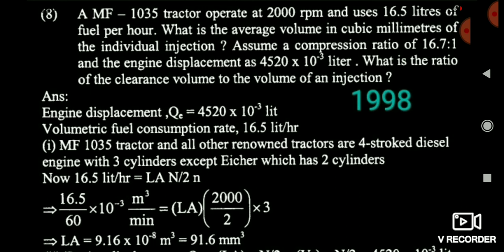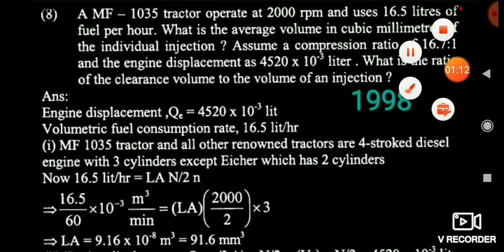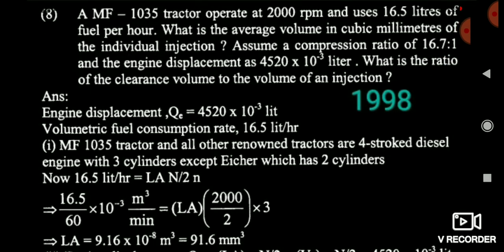Meaning, friends, I think all of you know that it is asking about the volume of injection. So you should calculate the clearance volume and the stroke length times area of the cylinder. And here I have calculated the volume of fuel, meaning volume of fuel injected.